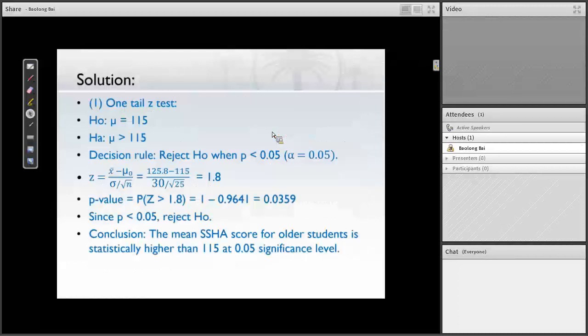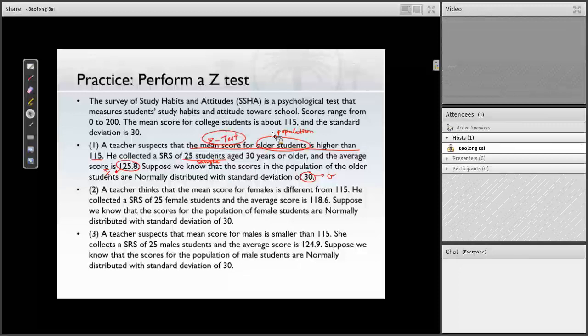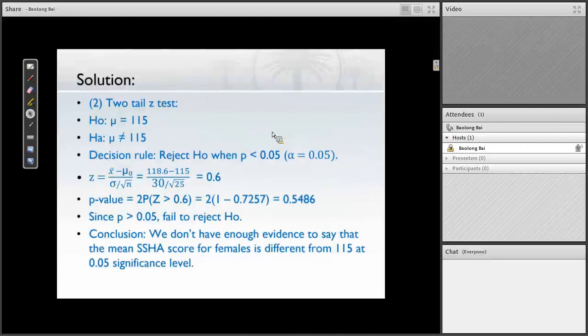So for example, I can go through this very quickly. This is the one we just did. And then for the second scenario, we're saying the teacher thinks the mean score of female is different from 115, right? So when you look at that claim, different, that will be not equal to 115, and that will be the alternative hypothesis, right?